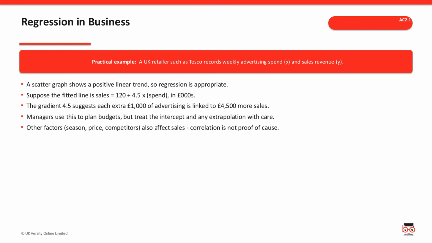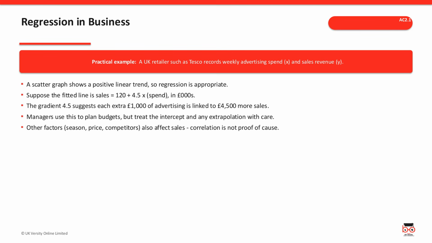Let's take this into business. Imagine a retailer like Tesco logging weekly advertising spend as x and sales revenue as y, both in thousands of pounds. The scatter shows a positive linear trend, so regression fits, and suppose the line comes out as sales equals 120 plus 4.5 times spend.